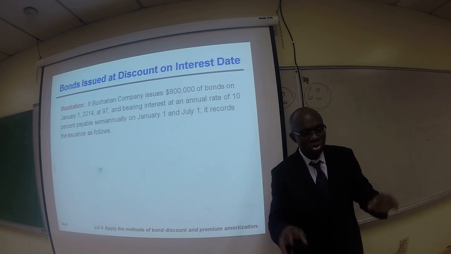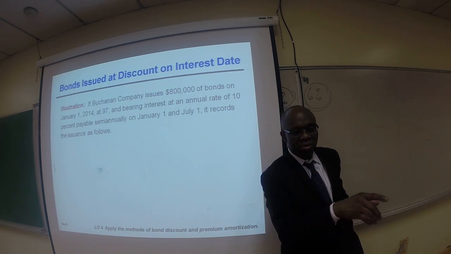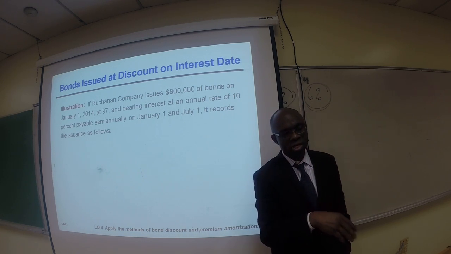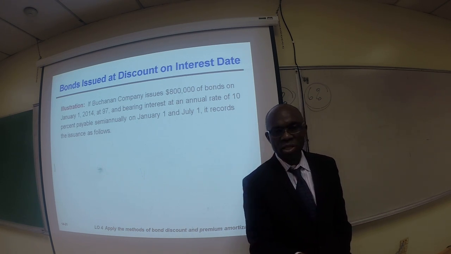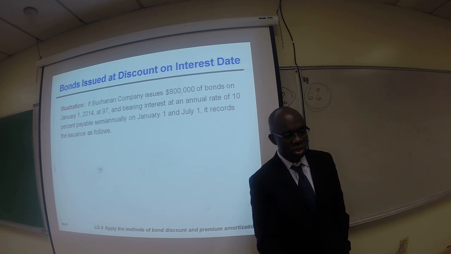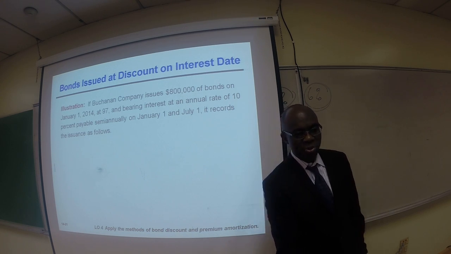So those are two approaches. This one is easier than the first one that we illustrated. Very likely you are going to get both on your exam, especially the more complicated one, because that is the one that is tested more on the CPA examination.